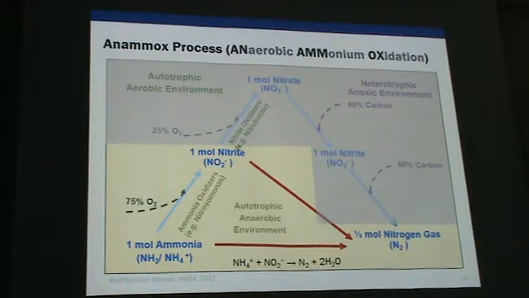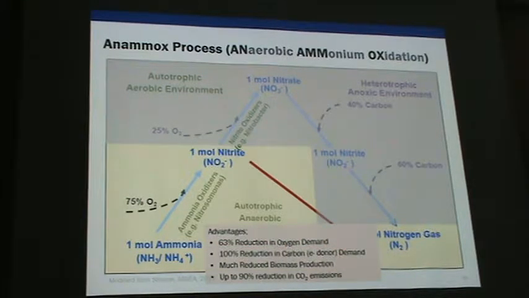And it has a couple of other advantages. The biomass required is much lower because the yield of that anaerobic organism is pretty small. And it also reduces the amount of CO2 emissions because of the reduced amount of oxygen required to carry out the nitrification process.